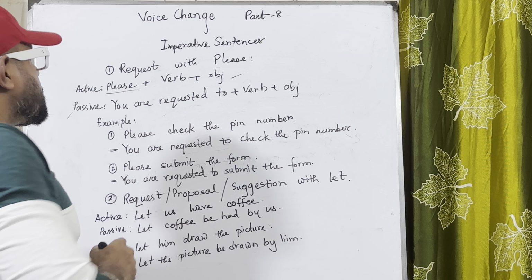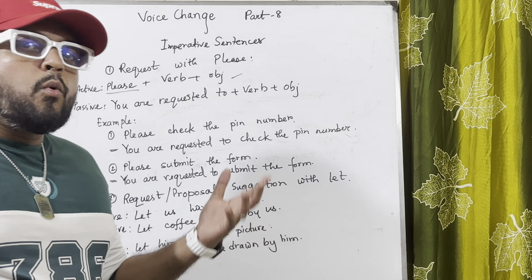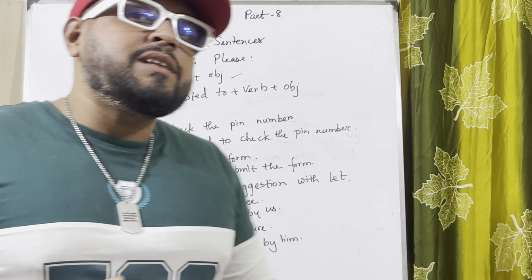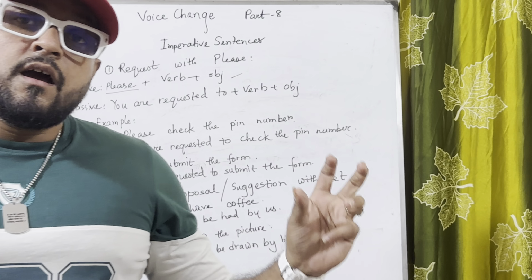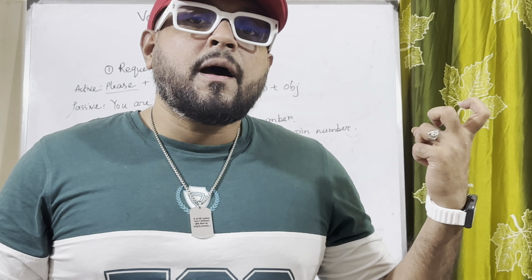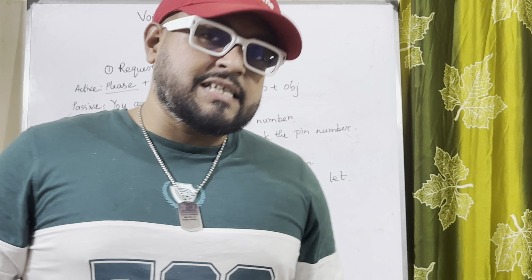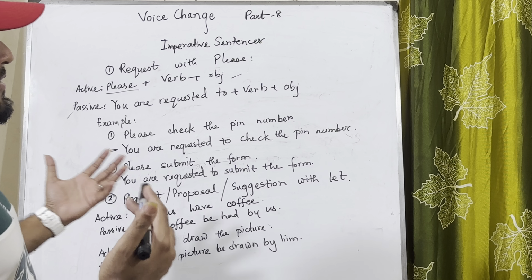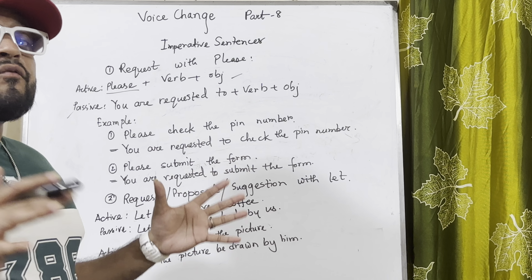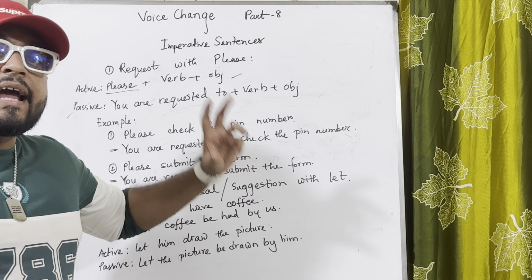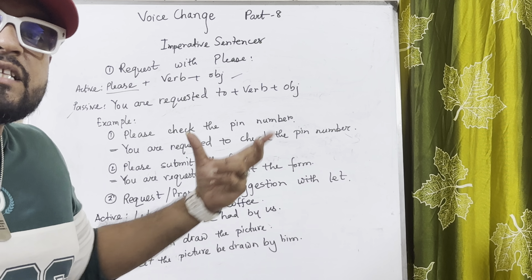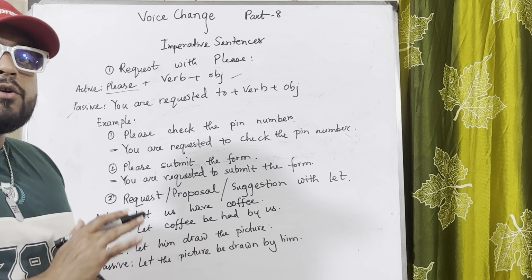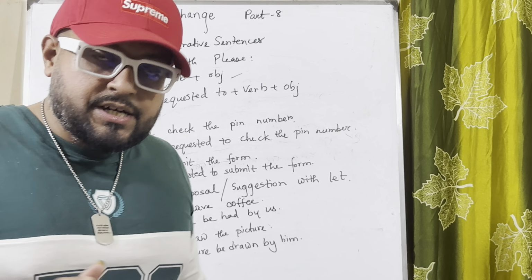So look at the structure in the passive. It's a little bit different from the usual passive pattern of imperative sentences, like we are used to with the use of let. The verb let we use in our passive imperatives, but here you do not need to use let.